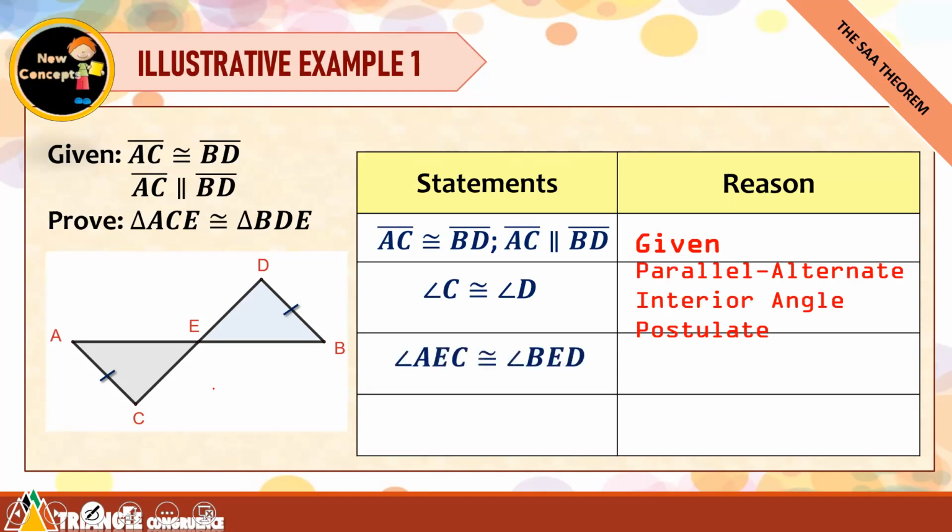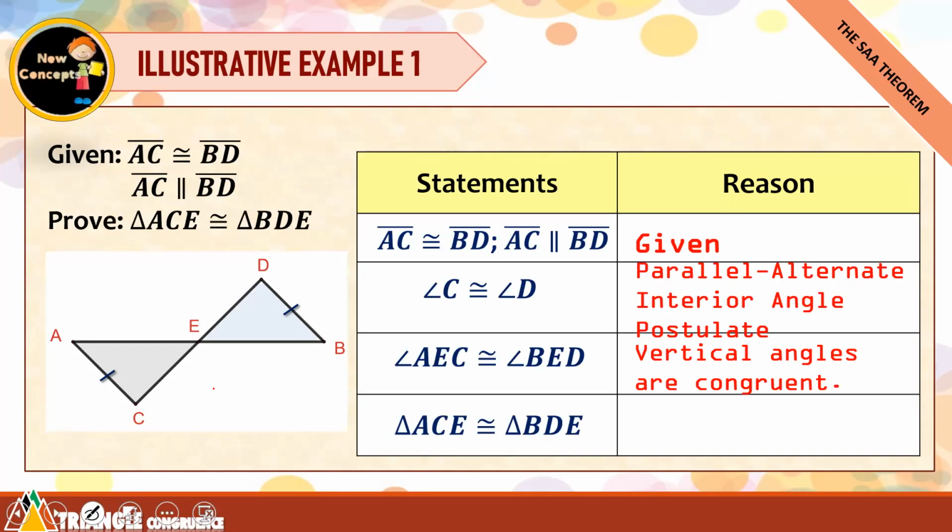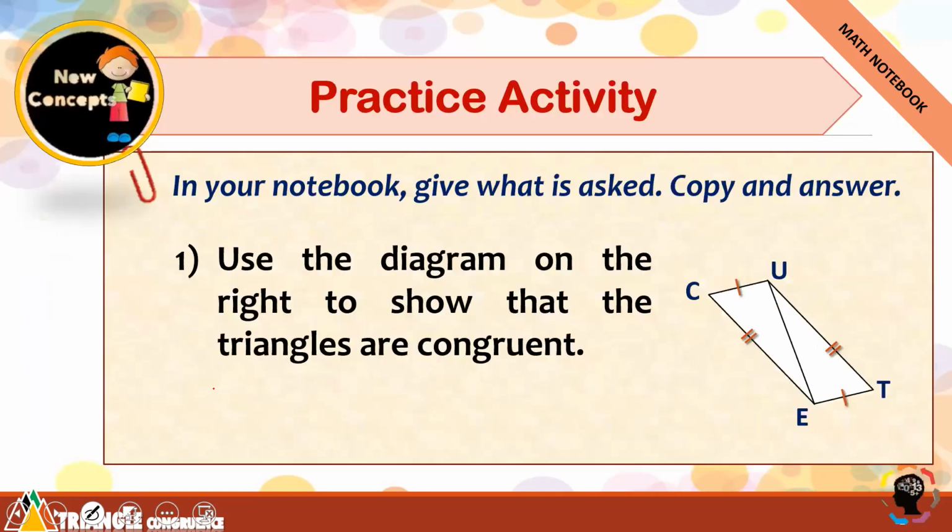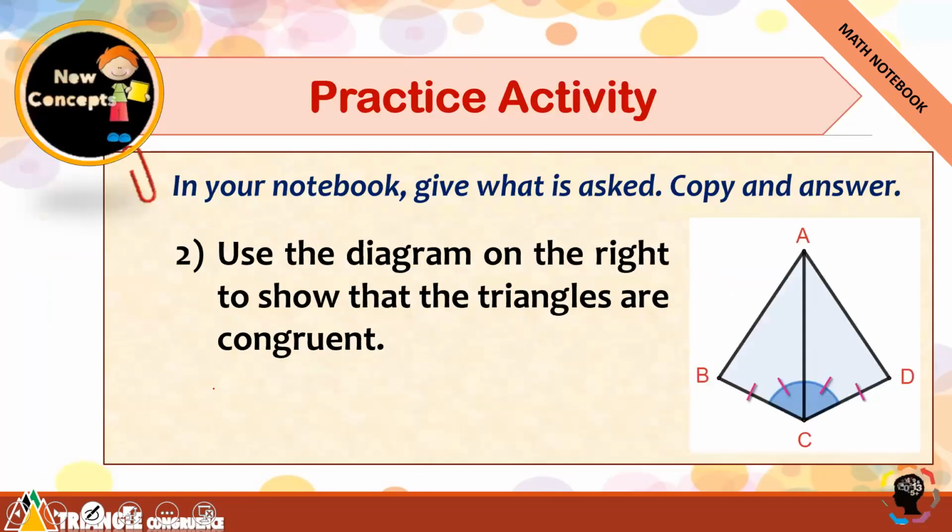And then we have angle AEC congruent to angle BED, since vertical angles are congruent. And triangle ACE is congruent to triangle BDE by the AAS congruence theorem. Okay? I'm just going to pause.